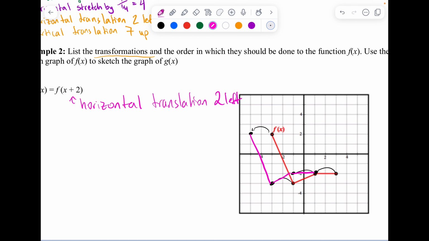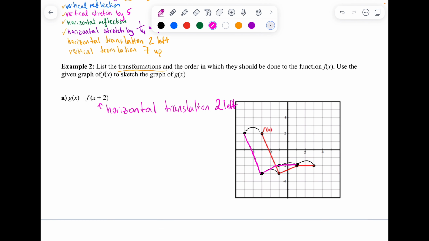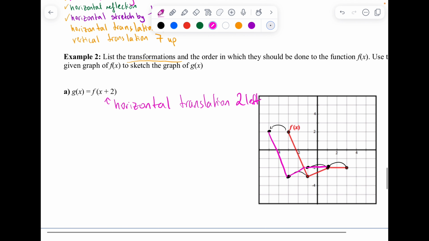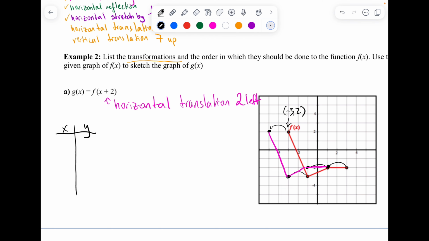I'm going to show you a different way that we can get the same graph that I want you to get used to. It's called using the mapping rule. The mapping rule means we're going to take the old points. The old points were: this was -3, 2.